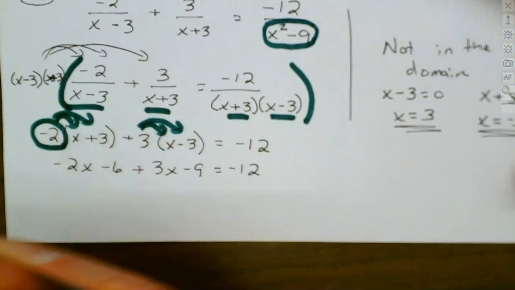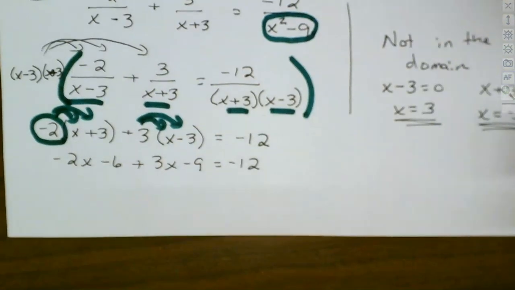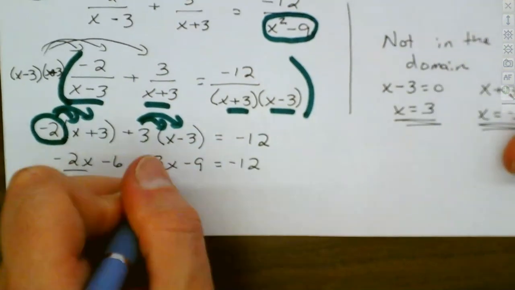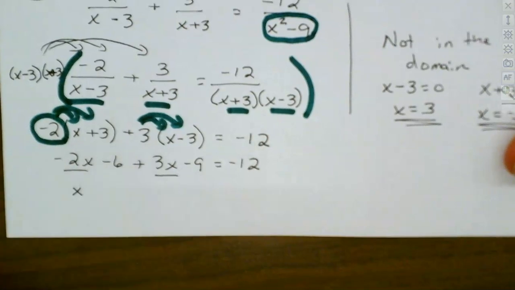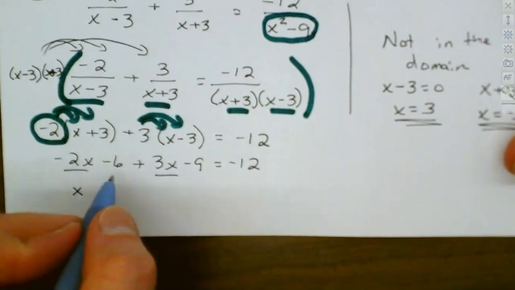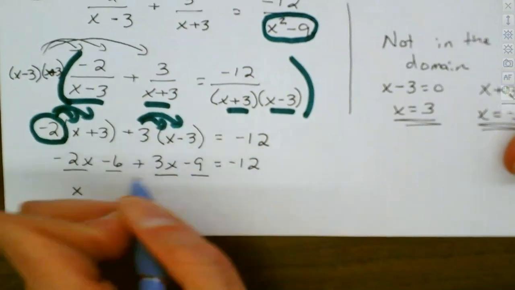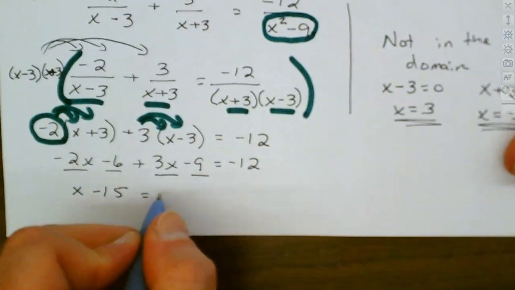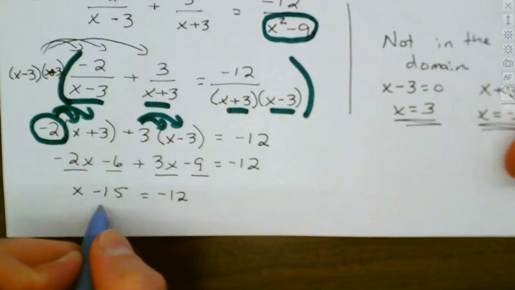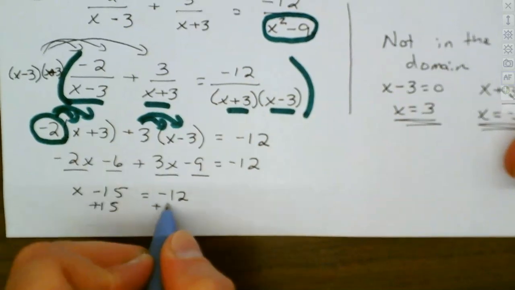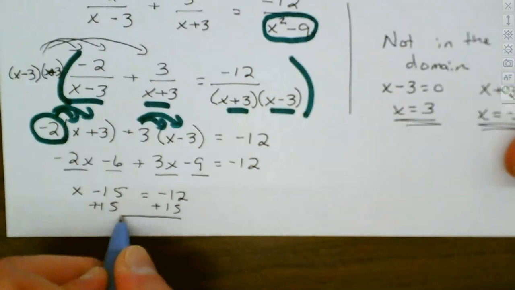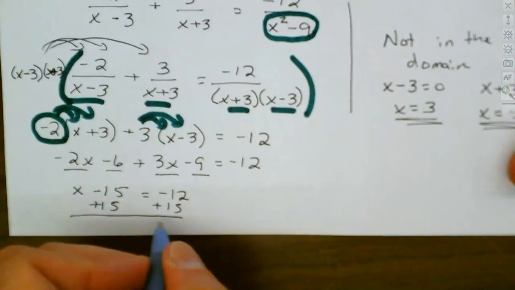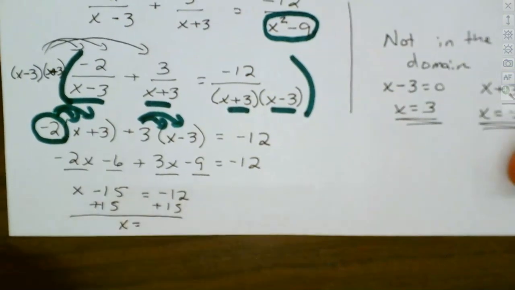And that equals our negative 12. Combine like terms. So that leaves you with an x when we combine those together. Minus 6 and minus 9 makes it a minus 15. Now we can solve it by adding our 15 to each side. And we now have x equals what?